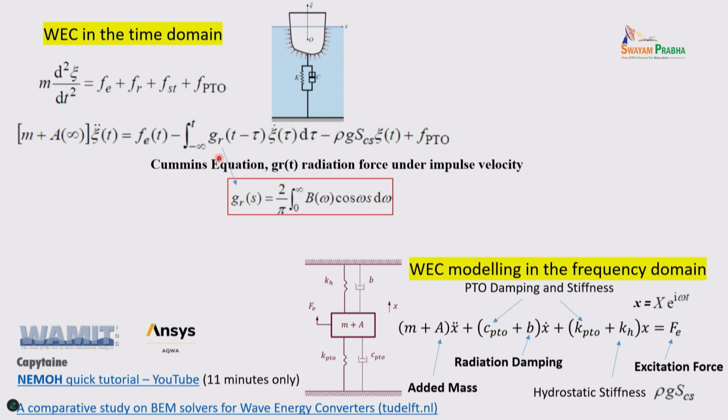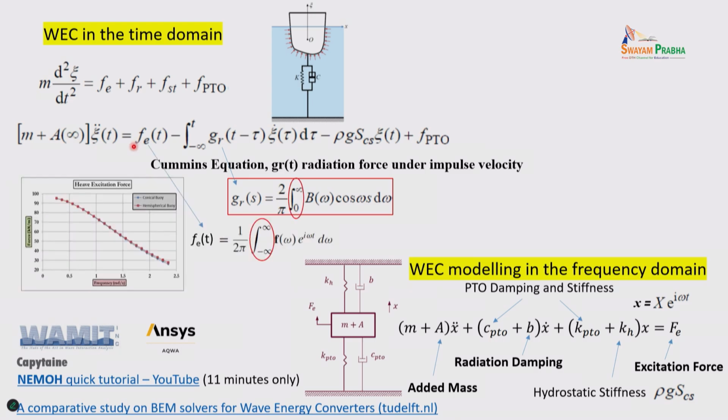The physical meaning of this impulse response is, given the velocity input, a pulse, then you calculate how much radiation force. Okay, so another version is using displacement input, right? In which you can use a convolution term to calculate the excitation force.